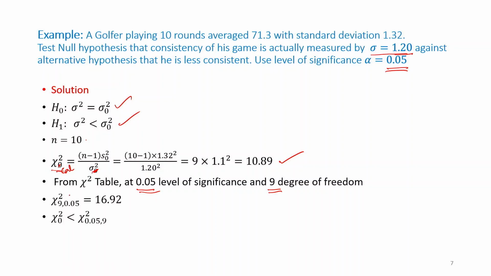The chi-square value from the table is 16.92. So this is the table value of chi-square, and this is the calculated value. What we see is that the calculated value is less than the value quoted in the table.